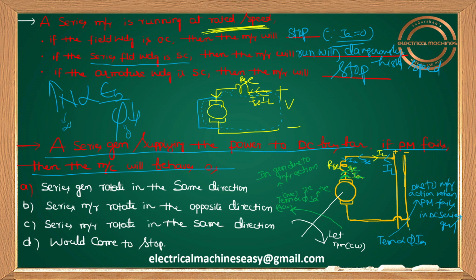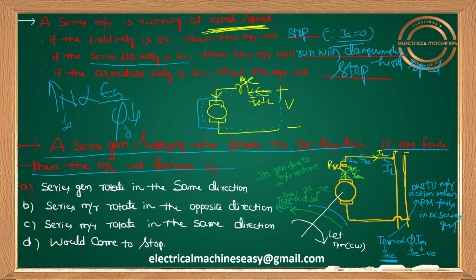Your phi becomes negative because previously ISC was upwards and now it is downwards, and IA previously upwards, now downwards, so it also becomes negative. So the torque becomes positive once again. Previously Tm was positive, which I took as anti-clockwise; now also I'm getting it the same way. Both phi and I are reversing, so obviously the torque will be in the same direction.